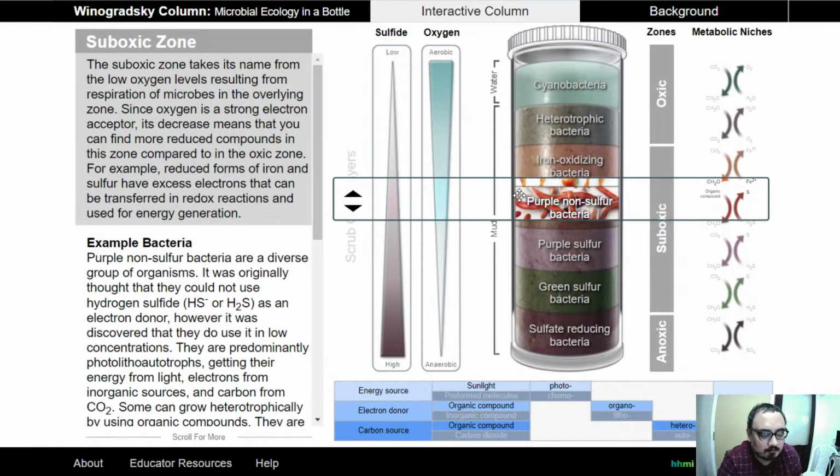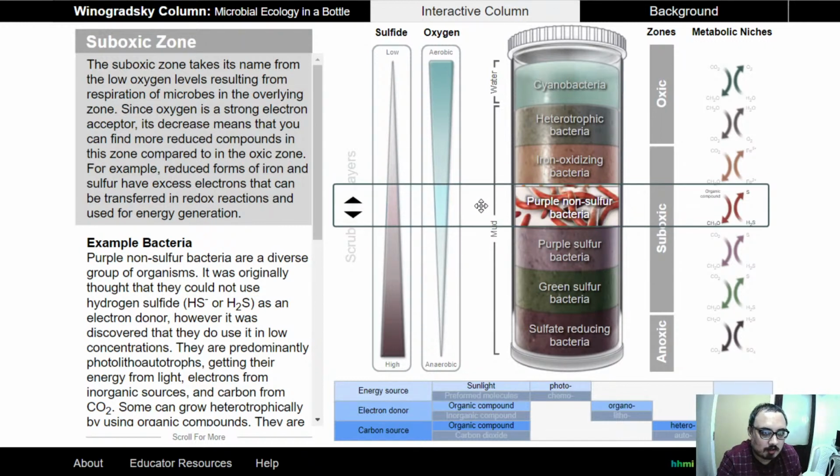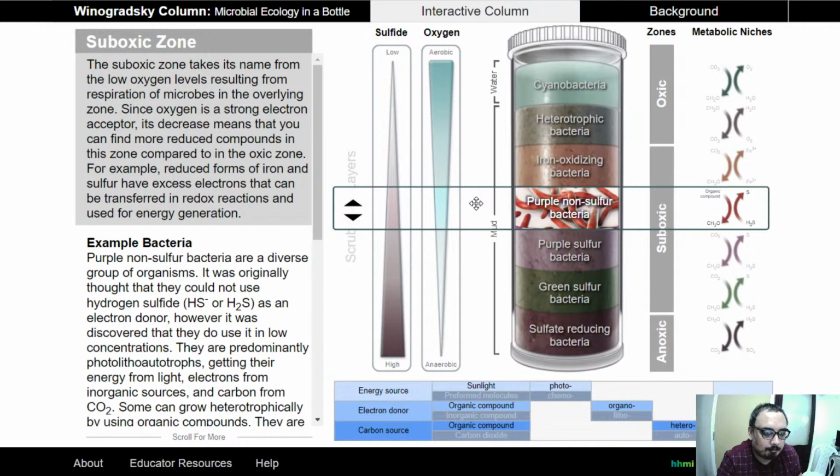Now moving further, in this case the electron source will be light, as you know, these are purple sulfur bacteria. Oxygen level again decreases, sulfide level increases.